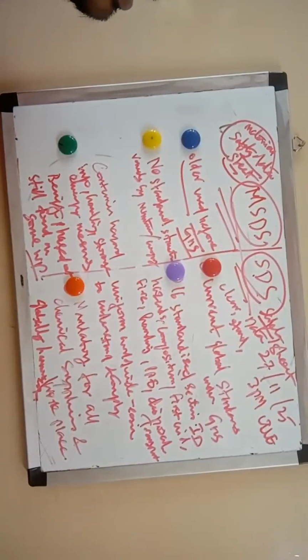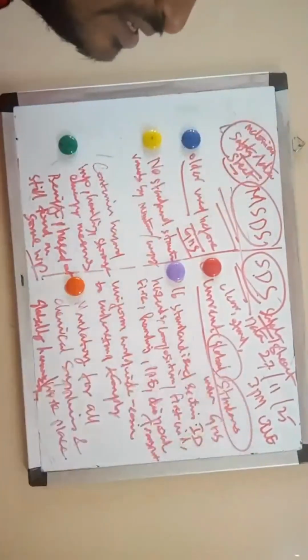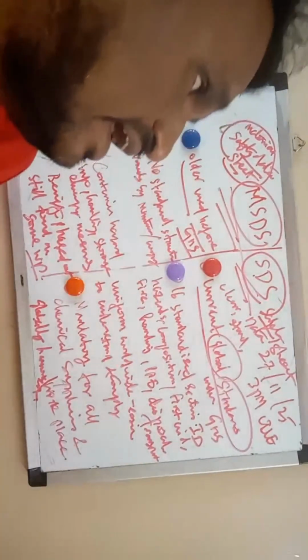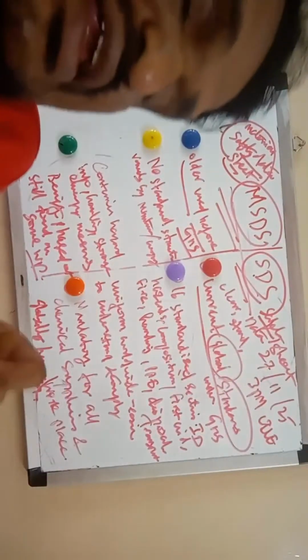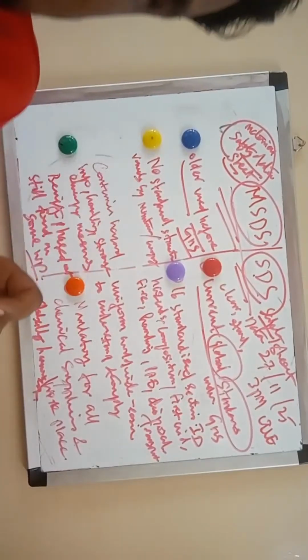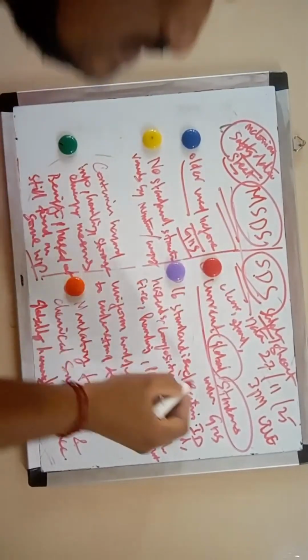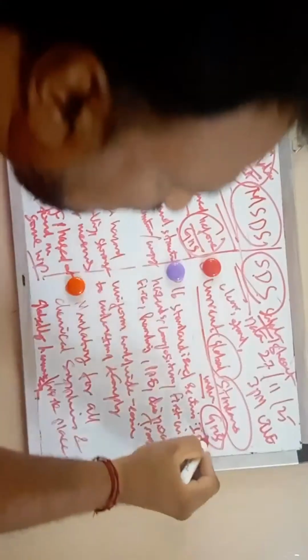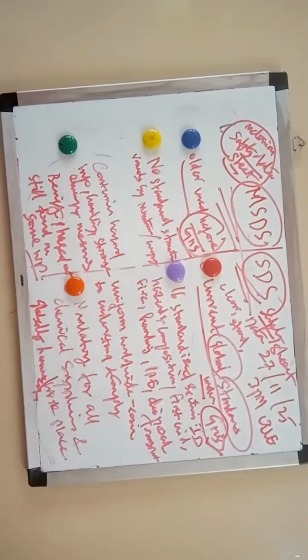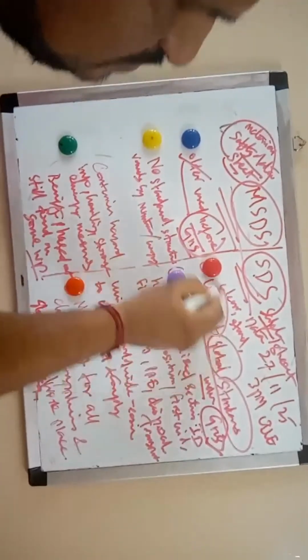The SDS is the current one, the global standard chemical safety data sheet, under GHS. So number one, this is the older version, and this is the current version.